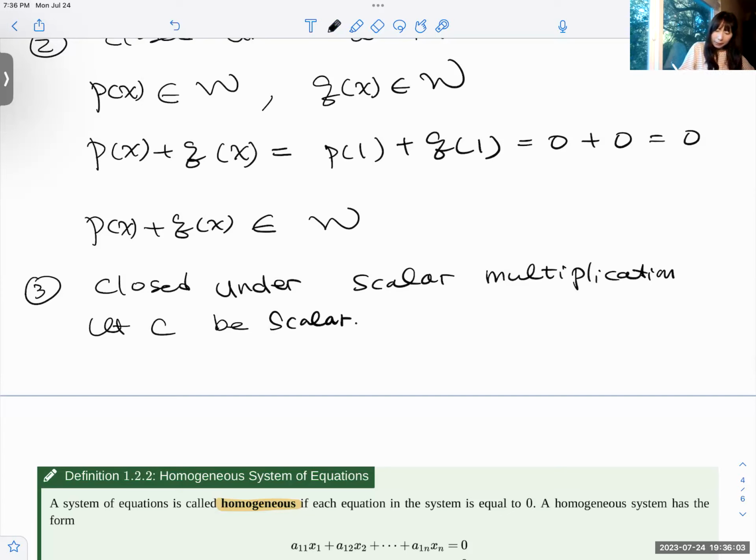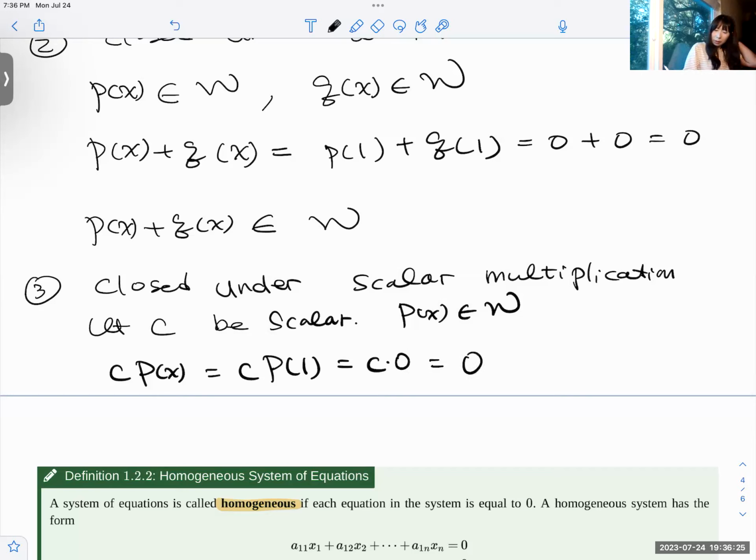Then we have p of x in W, right? So C times p of x, where p of x is in W, we can evaluate at 1, and then C times p of 1 is C times 0, which is 0, right?